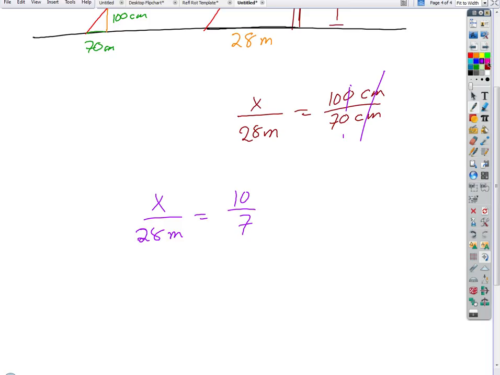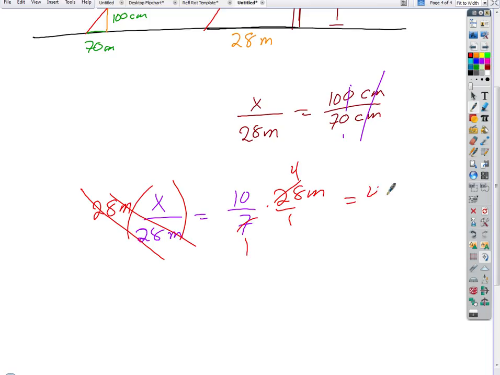All I've got to do is multiply each side through by 28 meters. And what happens here? Well, I get an X, and what do I get over here? I can do some cross canceling. 28 over 7 is 4 over 1, and so I get 40 meters. And the units work out.